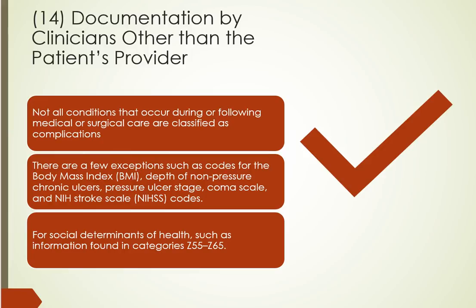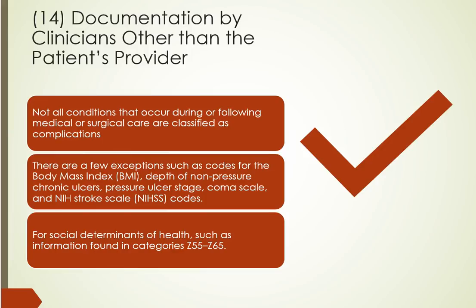Now, other types of documentation by clinicians other than the patient's provider are codes Z55 through Z65 for social determinants of health. So these are the patients that have potential health hazards related to their socioeconomic and psychosocial circumstances.